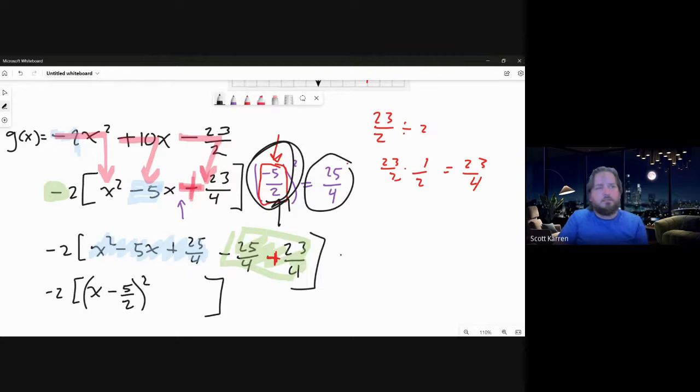Watch your signs, they screw up your teachers too. But this in the green here is -2/4. And so this becomes -2/4.